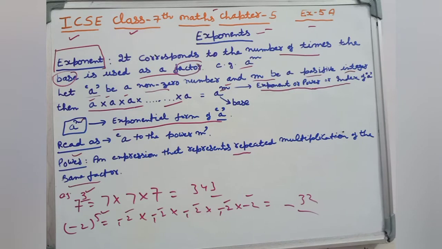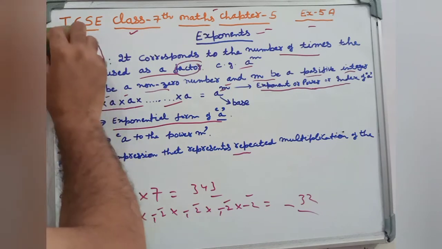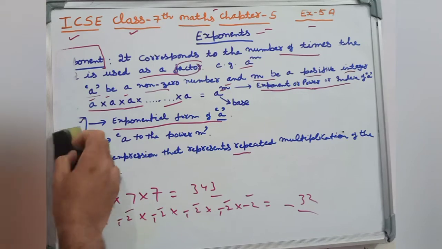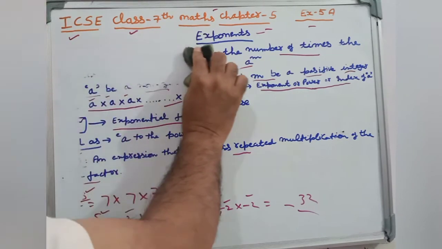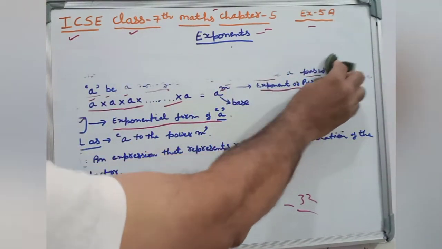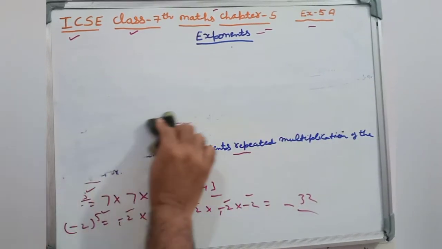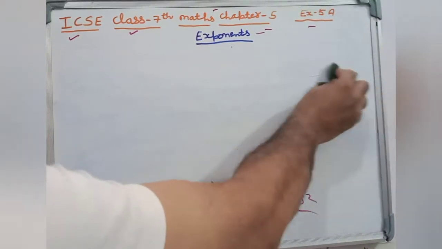So our answer would be minus 32. So this was the basics of the exponent: what is exponent, what is power, what is base. So do it carefully.